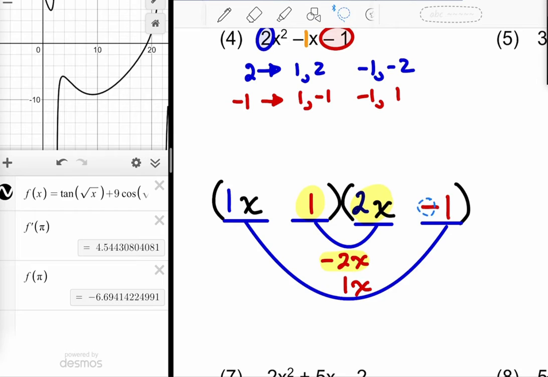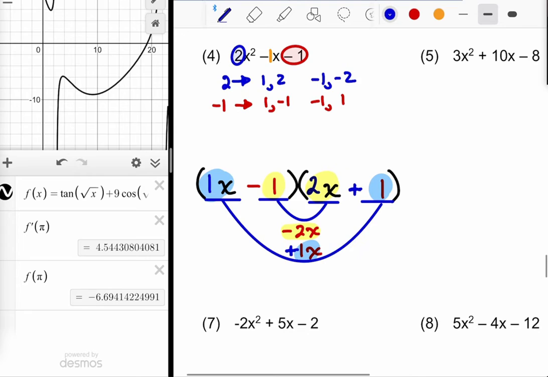So then it must mean that this is my negative. All right. In order for the 1x to result from the product of 1x and 1, that 1 over here must have been positive. And now we have our factors. All right, so it's just a little bit of manipulation of signs, but it's really nothing more than that.